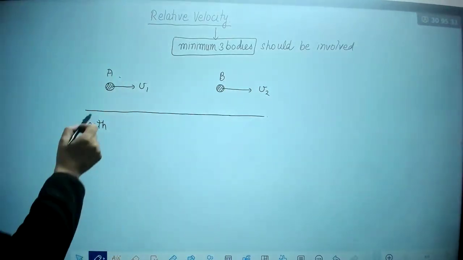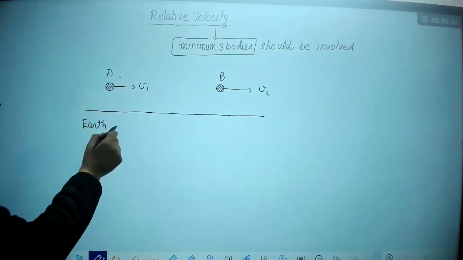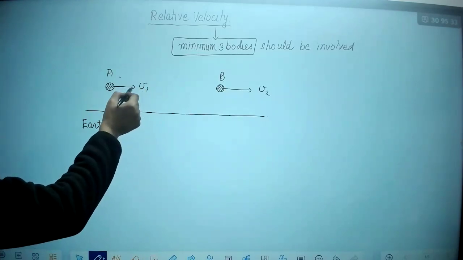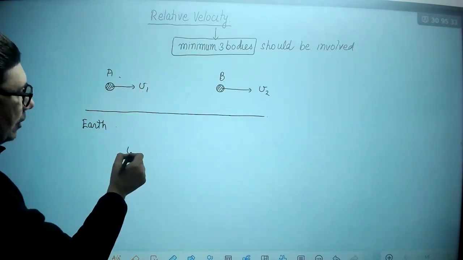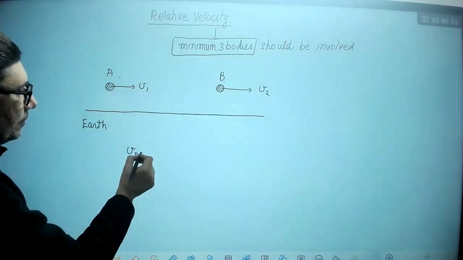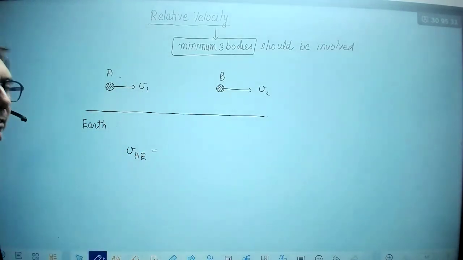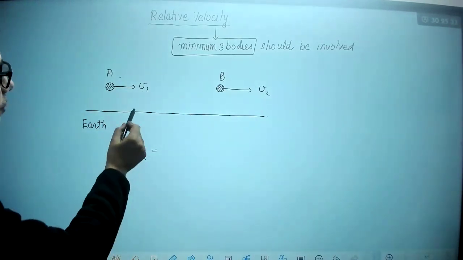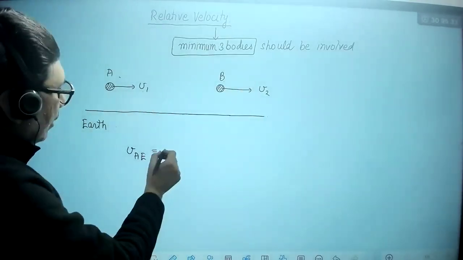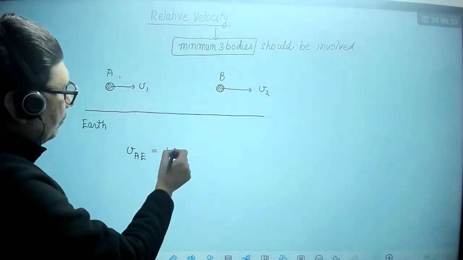Now, what is the velocity of A with respect to Earth? That is V1. This V1 is the velocity of A with respect to Earth, and it is moving in the positive X direction, so I'm going to write it as plus V1.